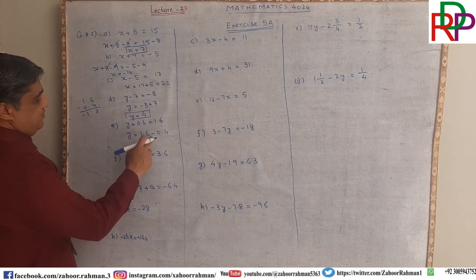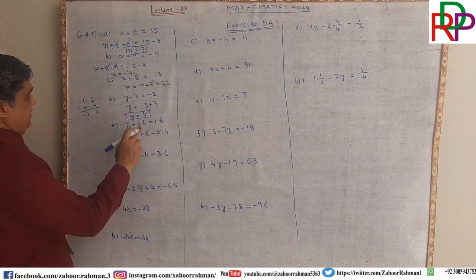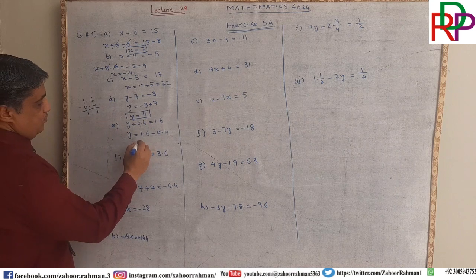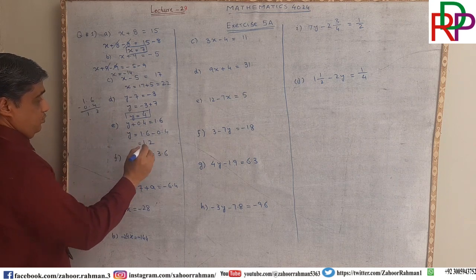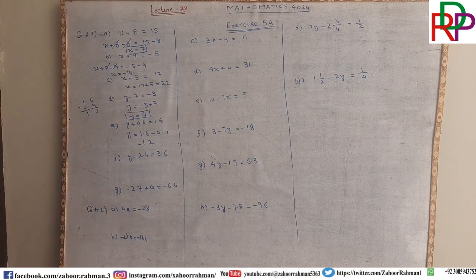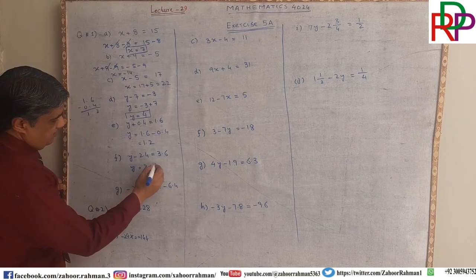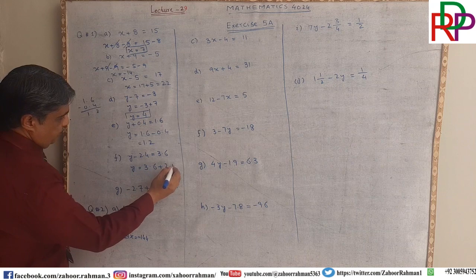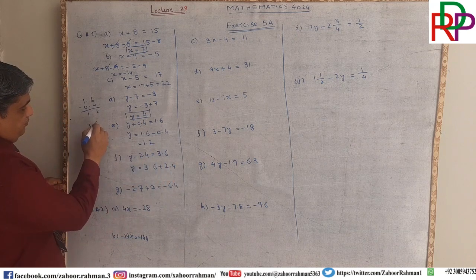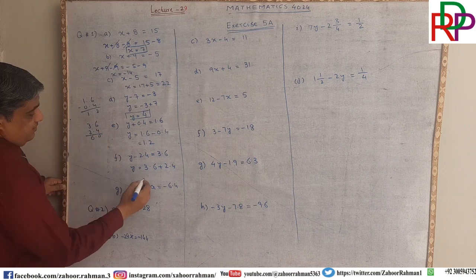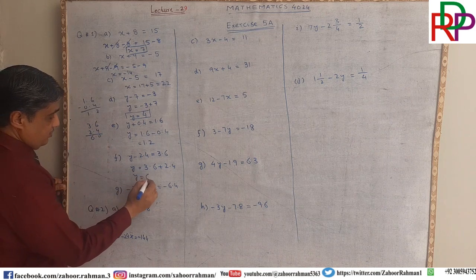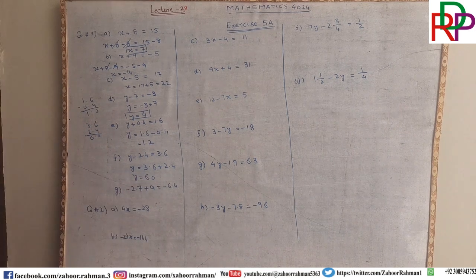This means that you have to subtract it, and it will give you 1.2. Now here it is equal to 3.6 plus 2.4. So 3.6 and 2.4 gives 6.0. So y is equal to 6.0.